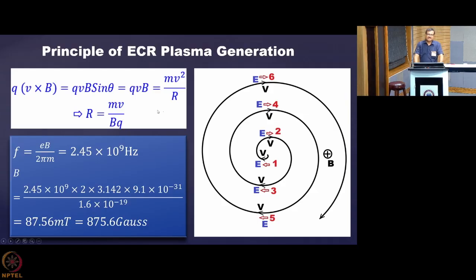Now, when the charge originates here and wants to gyrate like this, and you have applied one electric field over here, its energy is increased, velocity is increased. So, now you see that R is mv by Bq. Now, V is increased, so R is increasing. Okay. And the magnetic field that you have kept is constant. This Q is constant, M is constant.